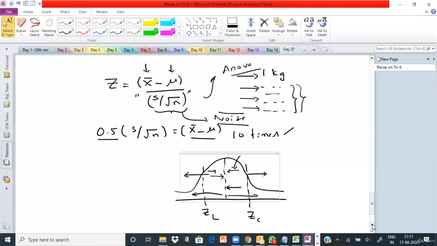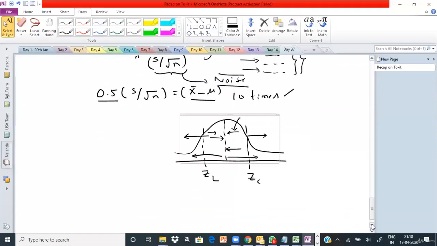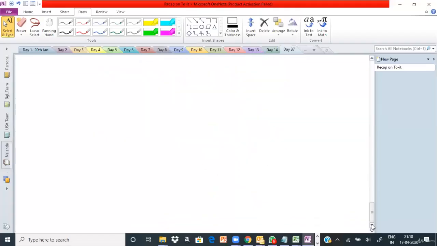This is again coming from the test of hypothesis. What is the hypothesis? Hypothesis is nothing but an assumption, right? You are claiming something and assuming something, and you are trying to prove whether the assumption is actually right or wrong, or whether the assumption is falling within the specified limits or not.